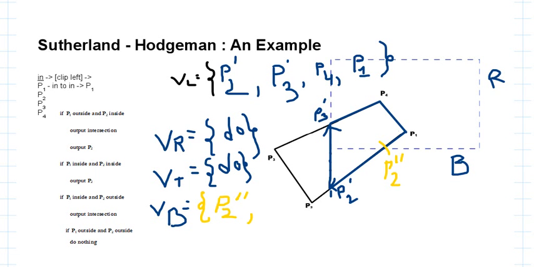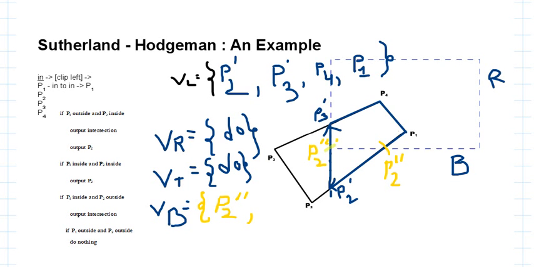Then look into the edge from P2 dash to P3 dash. Again, with respect to the bottom edge, you get one intersection point, and that is basically here. Say this is P2 triple dash.